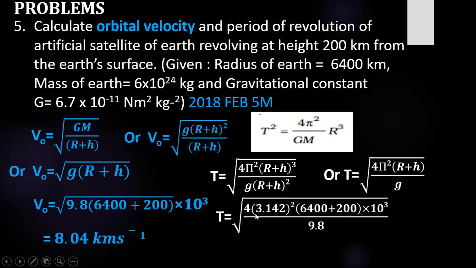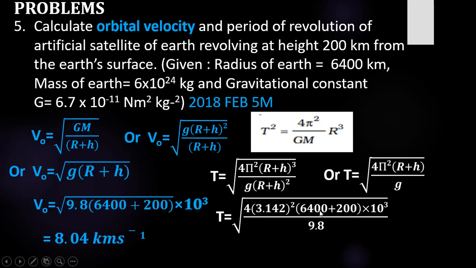If you put all these values, 4 into 3.142 whole square, 6400 plus 200, you can rewrite this 6400 as 6.4 into 10 to the power of 3, and 200 can be written as 0.2 into 10 to the power of plus 3.